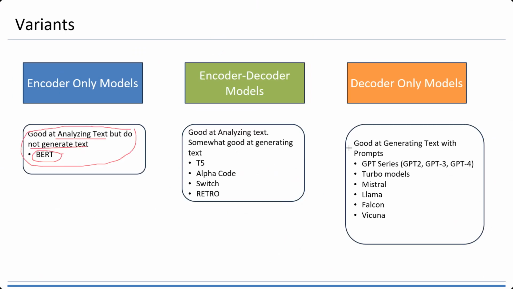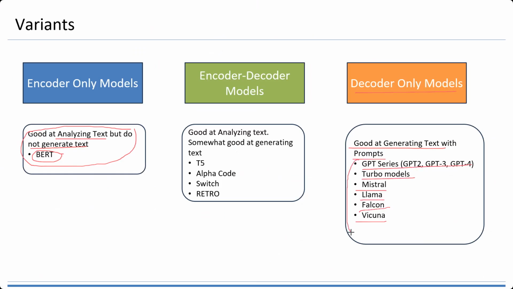And if you want to generate text with a prompt, you can use the decoder only models. The decoder only models, for example, the GPT series, GPT-2, GPT-3, GPT-4, and there are some other models like turbo models, Mistral, Llama, Falcon, Vicuna, and so on.